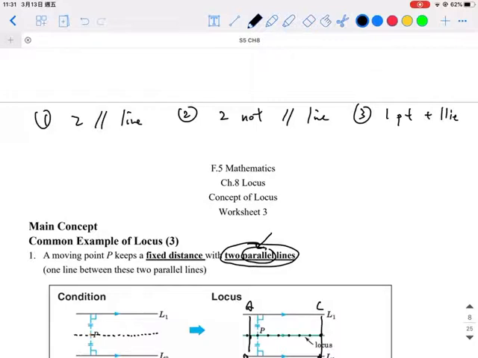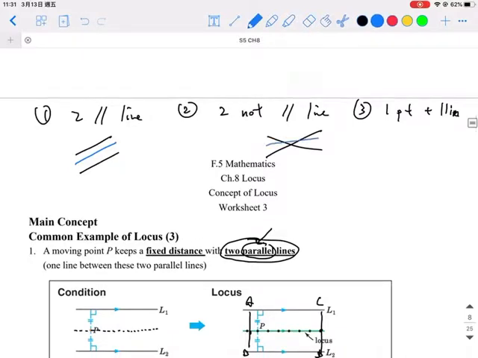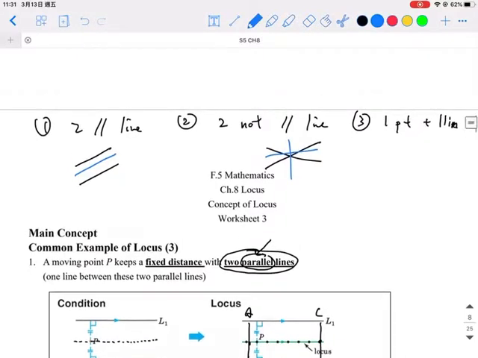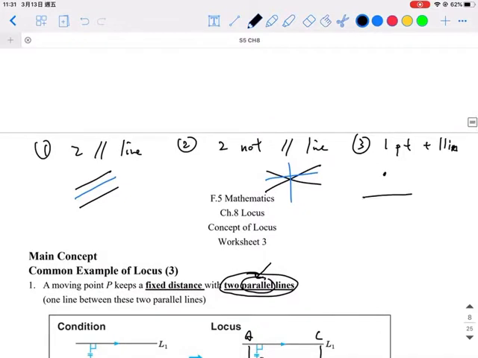For the first, it should be a line between the two parallel lines, and the second is an angle bisector. Okay, an angle bisector. And the third has two cases: you have one case here, and the second case is here. It's a parabola which opens upward.